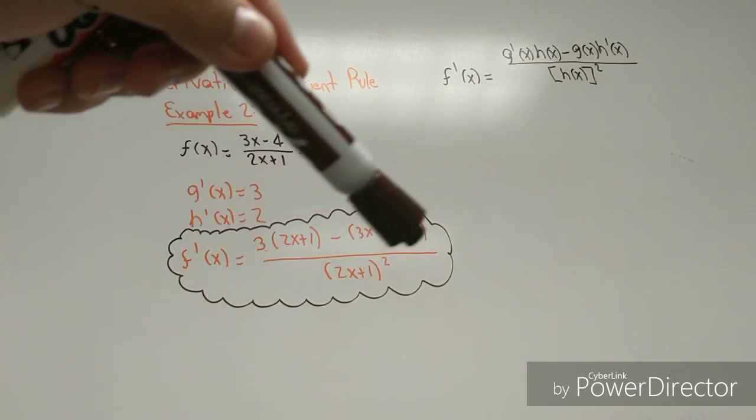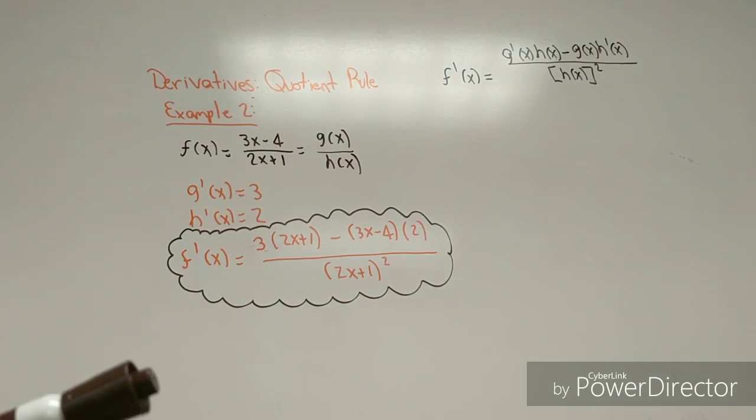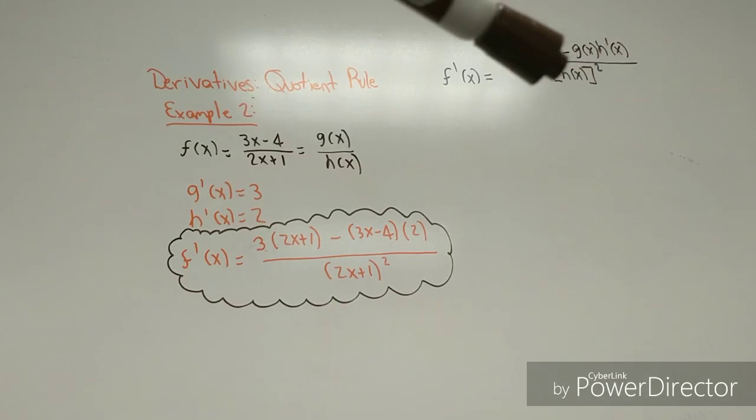And we're going to divide all of that by 2x plus 1 squared. Remember, always a square.